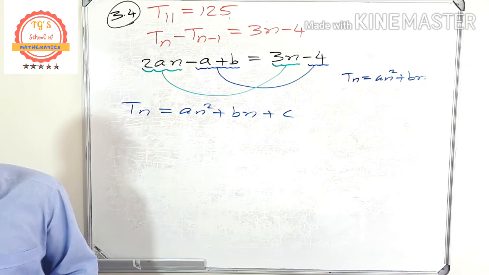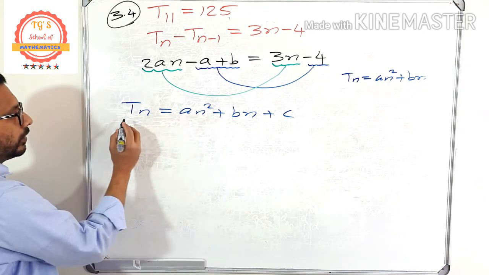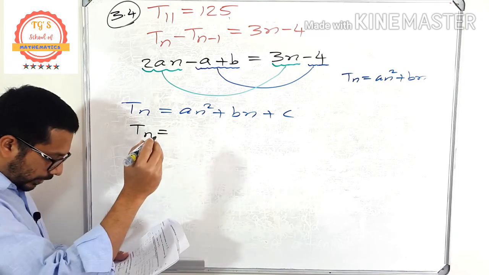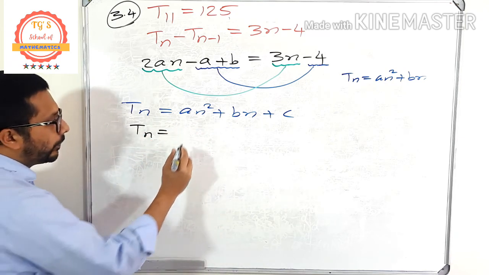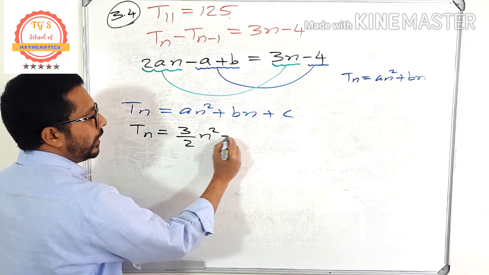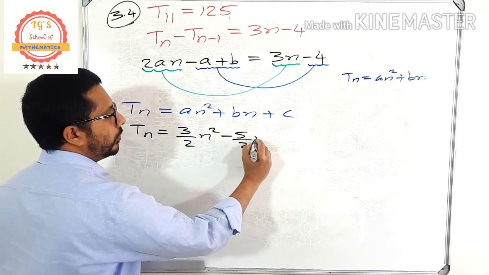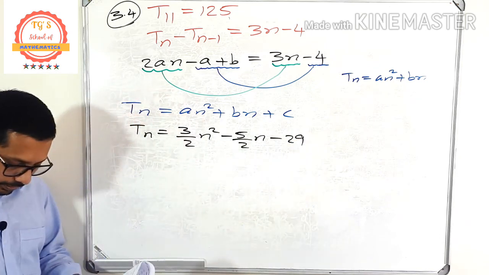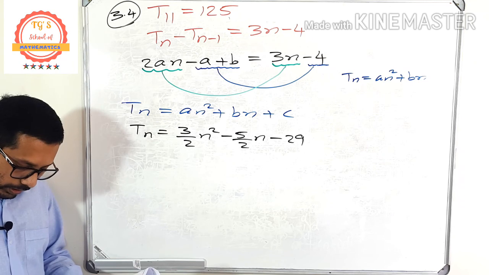Just substitute the values that we know now. The value of a is 3 over 2, so 3 over 2 n squared. Then the value of b is minus 5 over 2 n. The value of c we got now is minus 29.